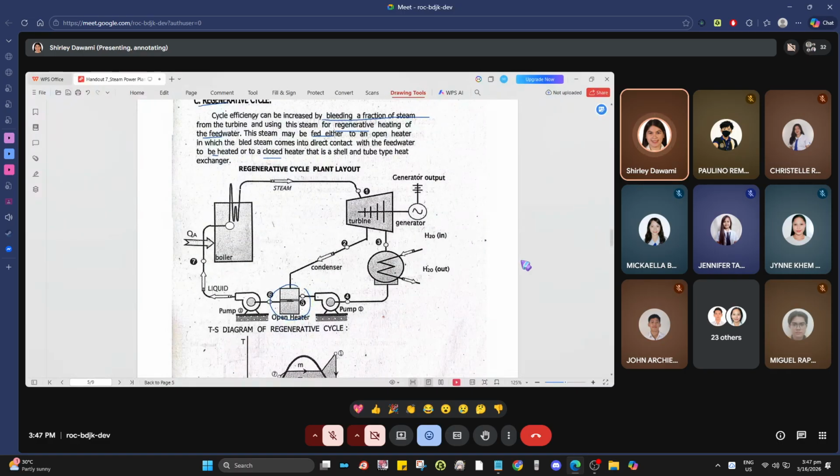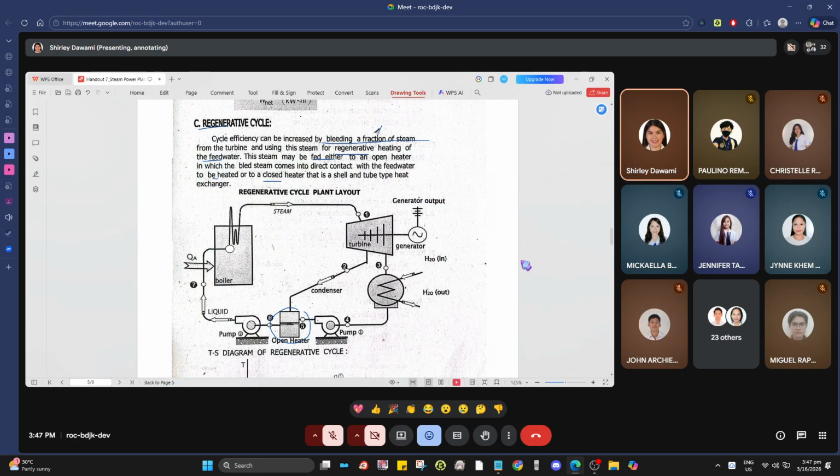So what it says here is that cycle efficiency can be increased by bleeding a fraction of steam. Bleeding a fraction of steam means taking part of the steam to the heater. The purpose is to preheat the feed water. Since it is only partial expansion in process 1 to 2, the steam leaving the turbine at state 2 still has a high energy content.